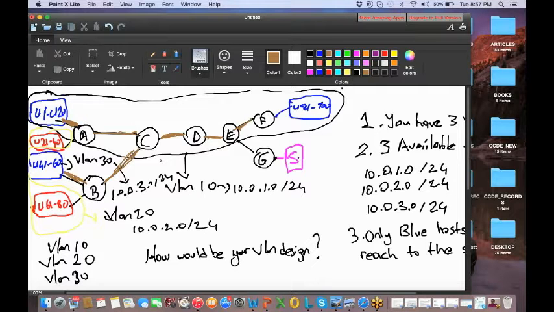But since in that VLAN, let's say VLAN 10, there were blue and red host groups, we need to identify which one is blue, and then on the individual host level, we need to write our filters. The number of filter lines will of course be much bigger compared to the second design option, because now we can do something at the subnet level.